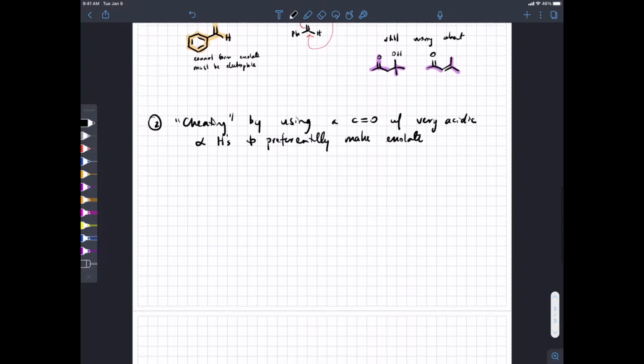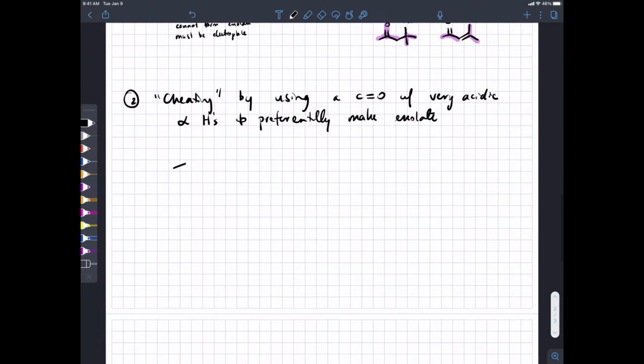So what does this look like? Well, you would start with, say, a beta diketone or a beta dicarbonyl compound, and then put that in the presence of some other ketone and hydroxide.